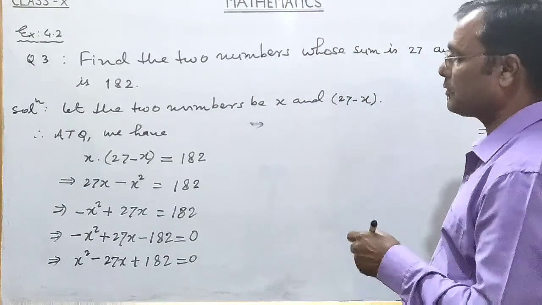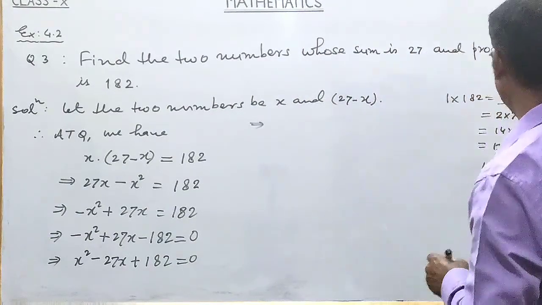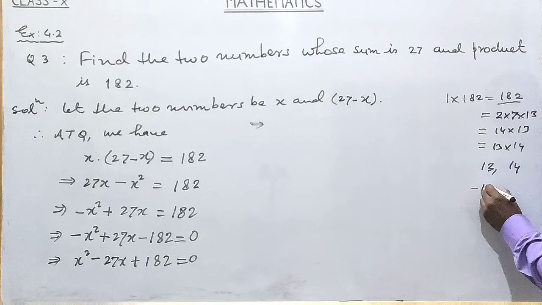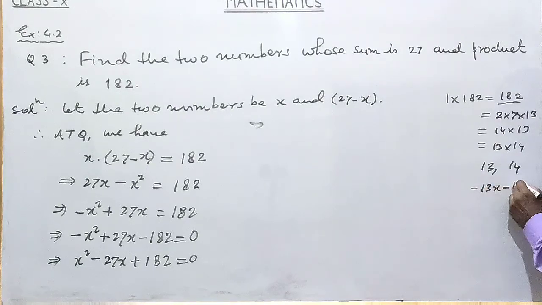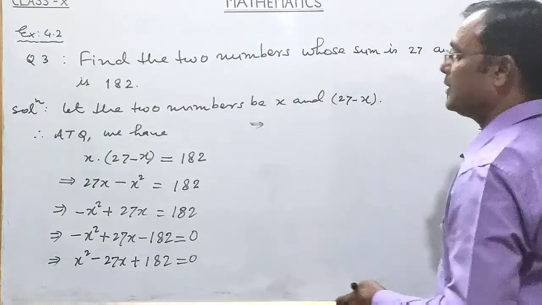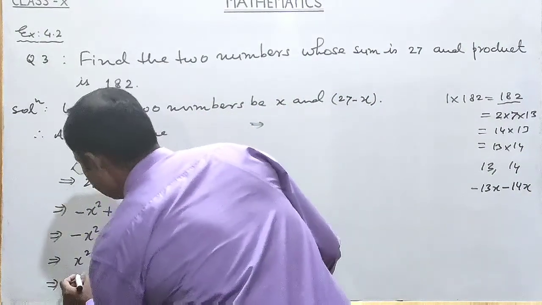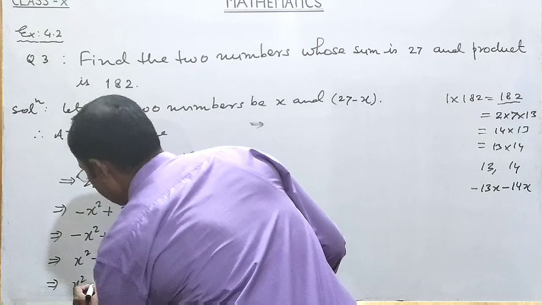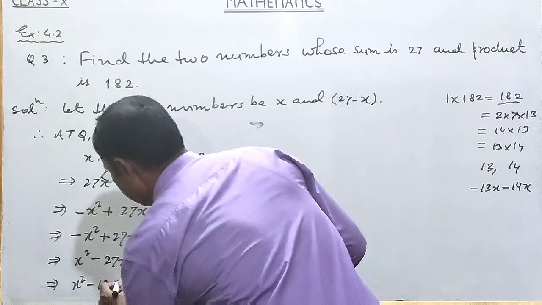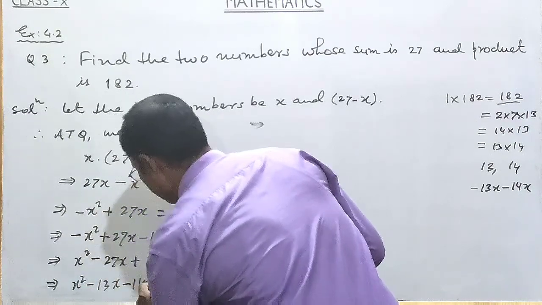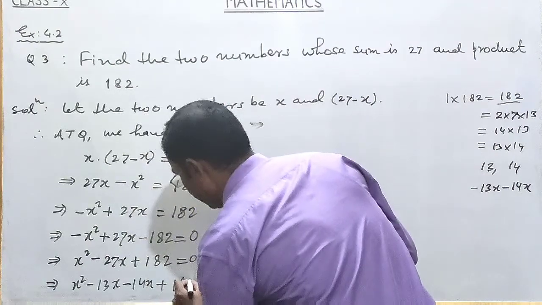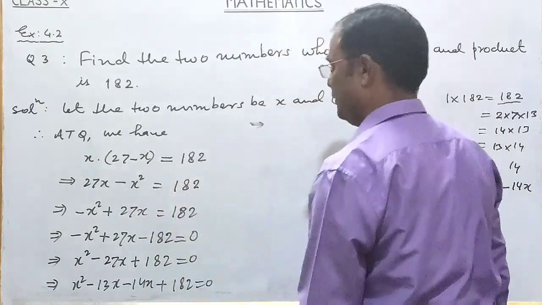So middle term minus 27x can be splitted as minus 13x minus 14x. So let us split this middle term of the quadratic equation and factorize it. So this you can write x square minus 13x minus 14x plus 182 equal to 0.